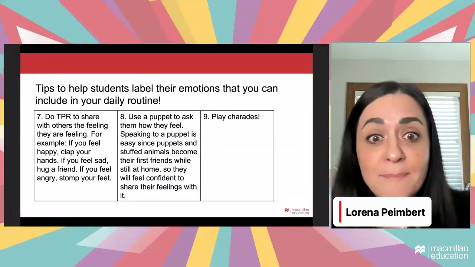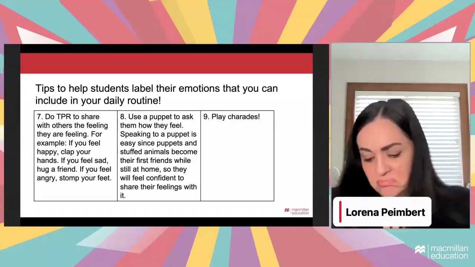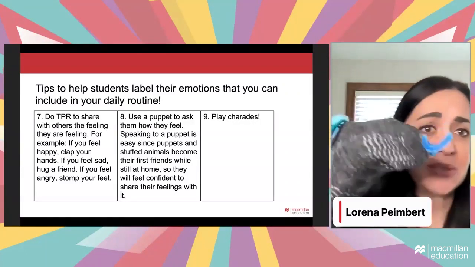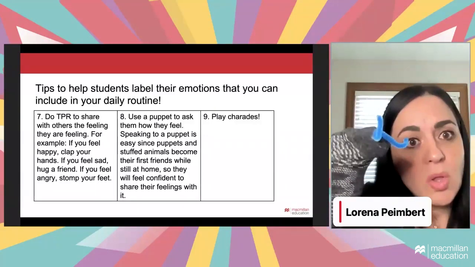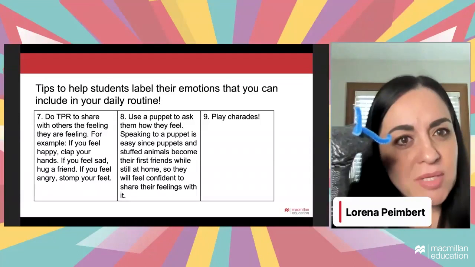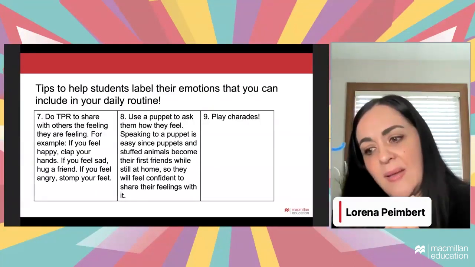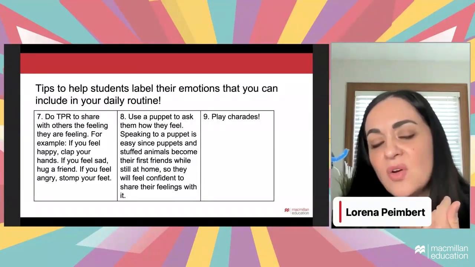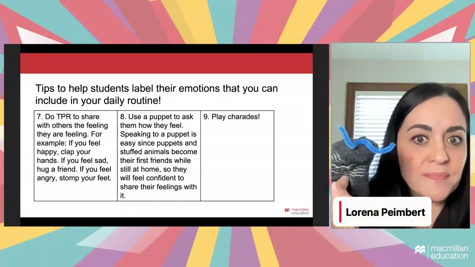And you can also use a puppet to ask how they feel. A puppet that you can have or do with a sock. Like, for example, I have this one. Look at this cute thing, okay? And so sometimes children prefer to talk to the puppet than to the adult because sometimes they don't trust you yet, so they don't feel comfortable sharing and talking to an adult, but they will talk to the puppet, okay?